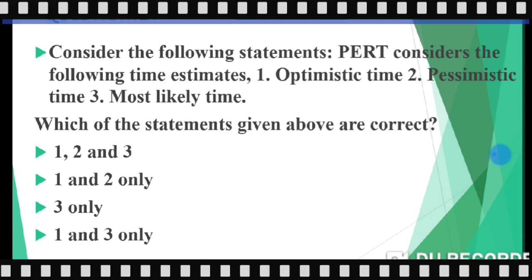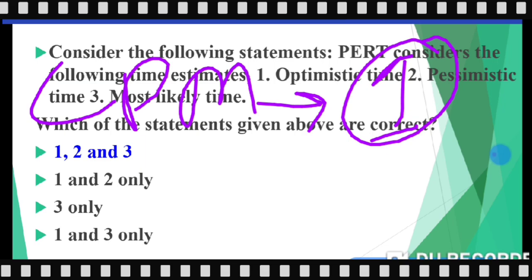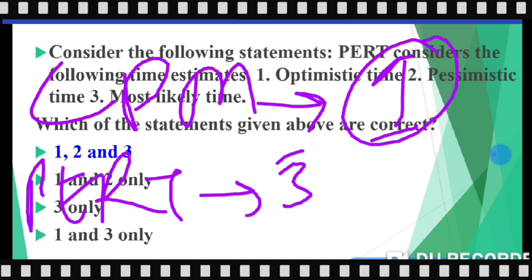I have told you so many times that in CPM we have only one time estimate, only one. We do not have three time estimates, because CPM is deterministic in nature. We have actual time for activities, but in PERT we have three time estimates, that is optimistic time, pessimistic time, and most likely time, because it is probabilistic in nature.